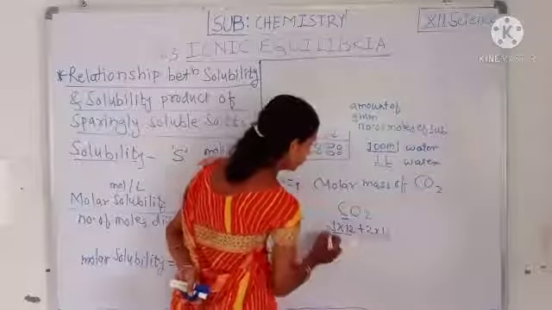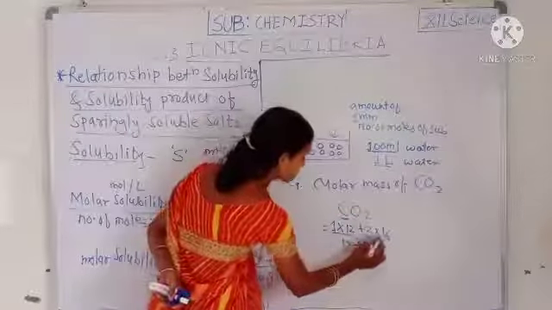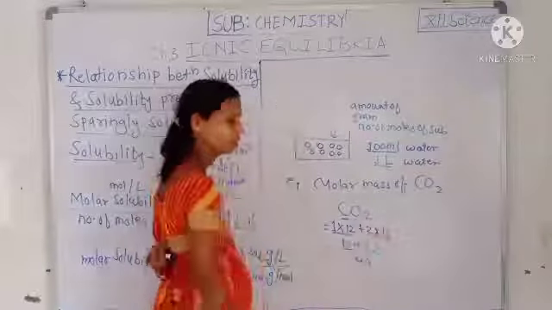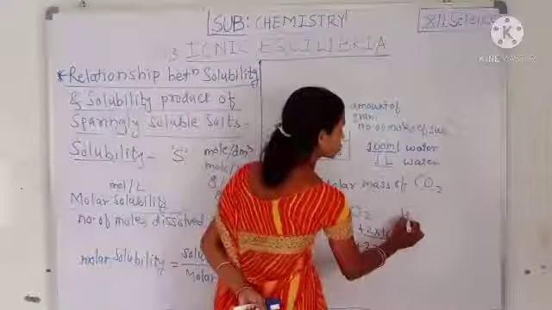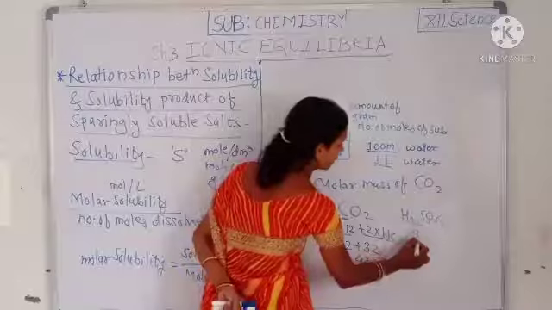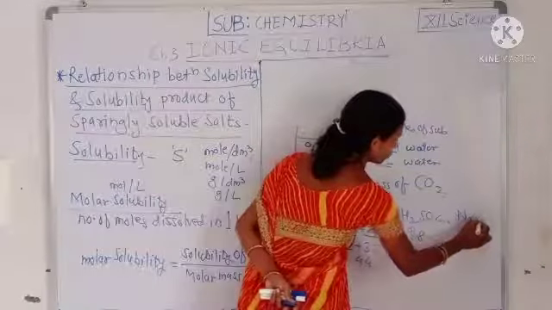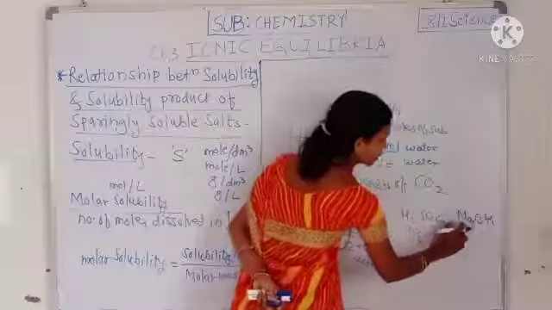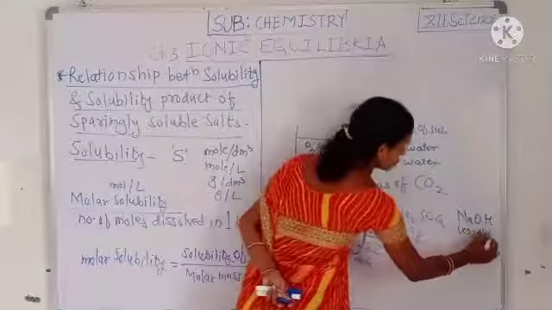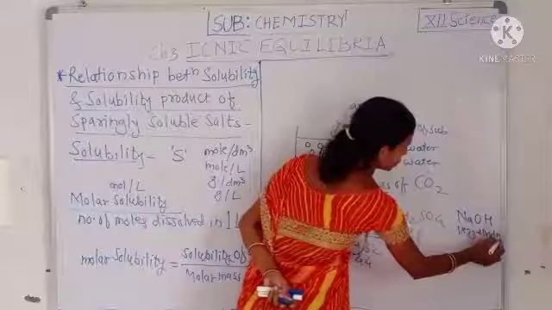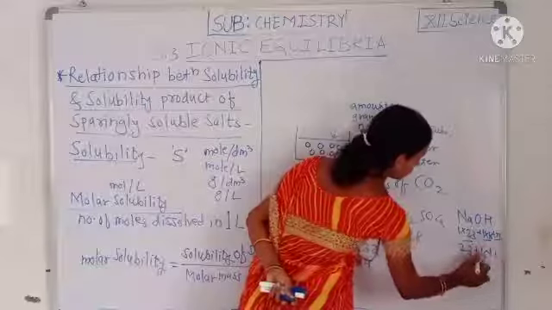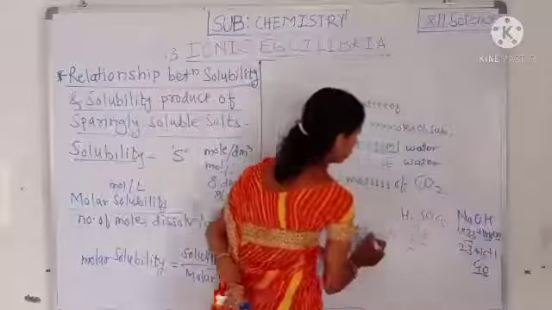Therefore the molar mass of CO2 is 44. Similarly, the molar mass of H2SO4 is 98. Molar mass of NaOH is 1 into 23 plus 1 into 16 plus 1 into 1, that is 23 plus 16 plus 1, which is 40.